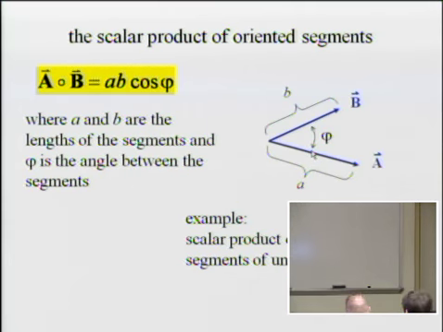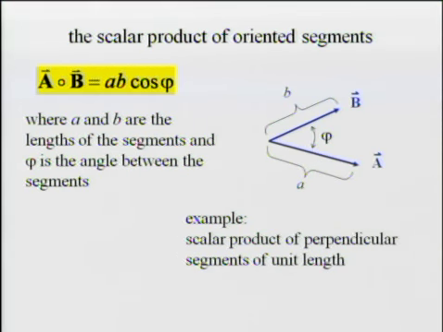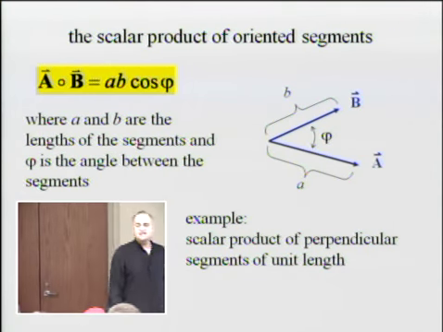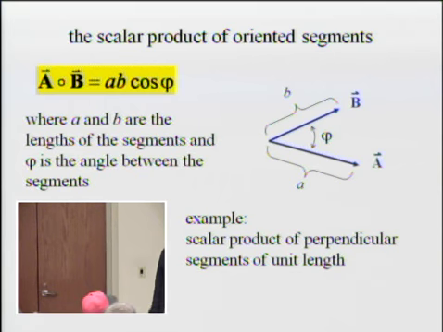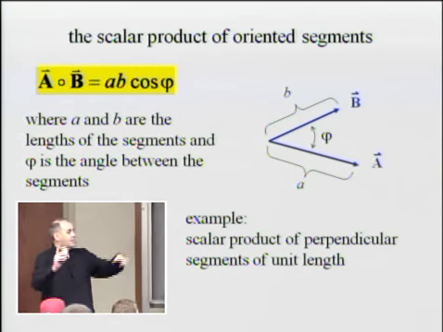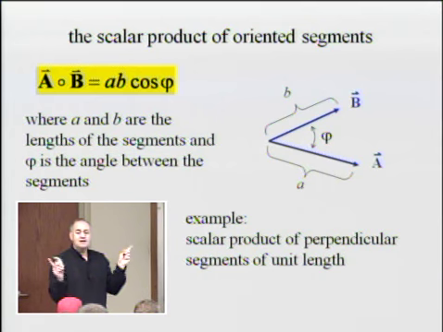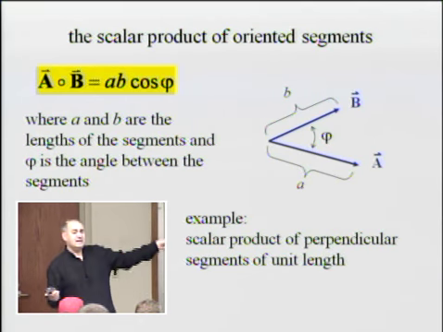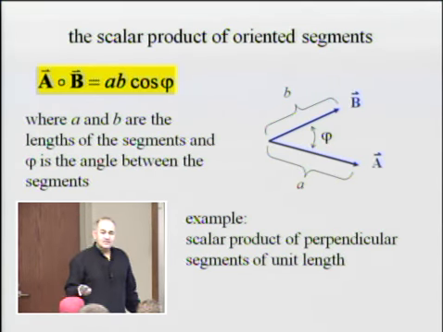Why don't we find the scalar product of two vectors of unit length? So scalar product of vectors i and j, for example. What is the scalar product of vectors i and j? Quickly calculate that. Why don't you answer it before I show the answer?